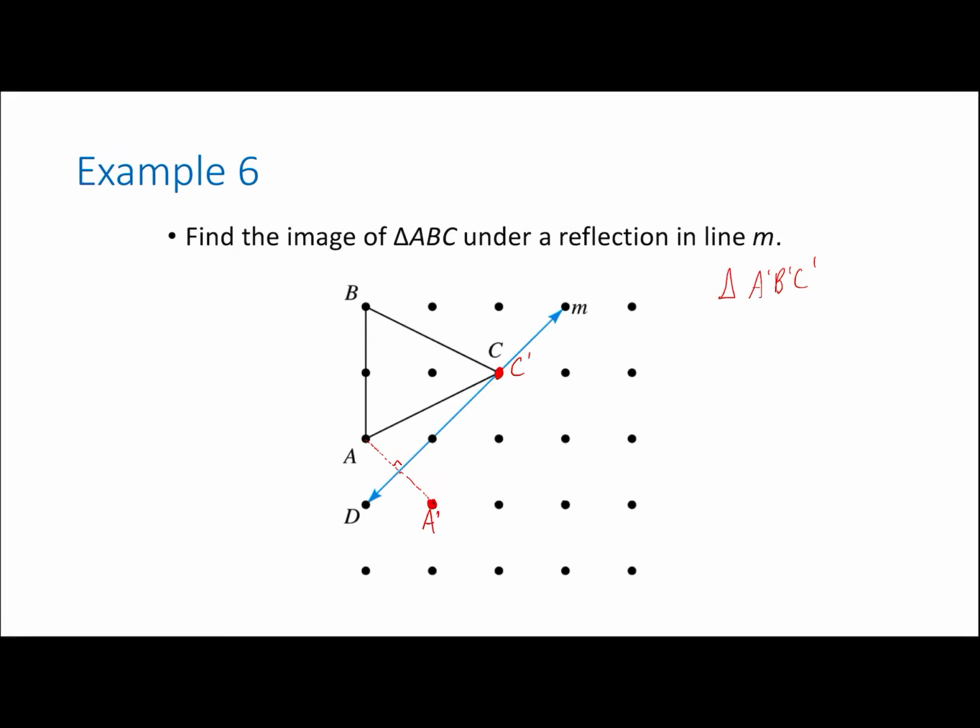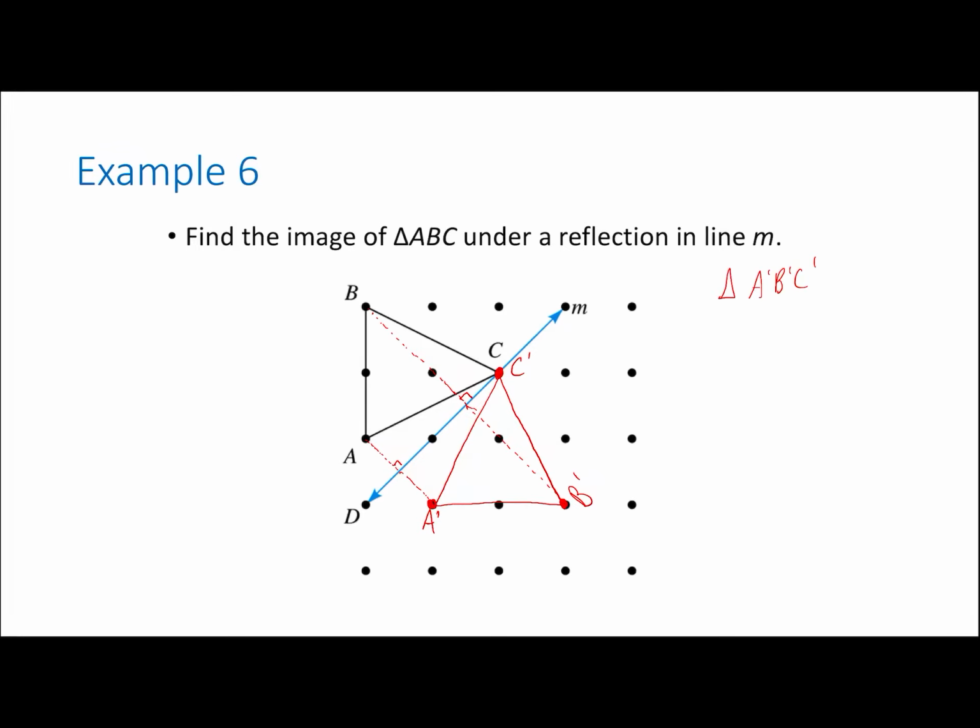And then you can do the same thing with B. So if you were to draw a perpendicular line to the reflecting line and then extend that out again, you would find out that point B prime should be here. And so our new triangle, once it's been reflected, should look something like this.